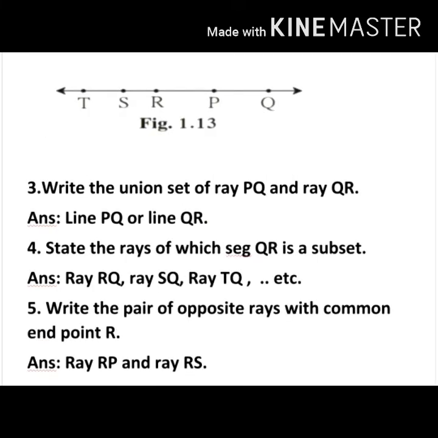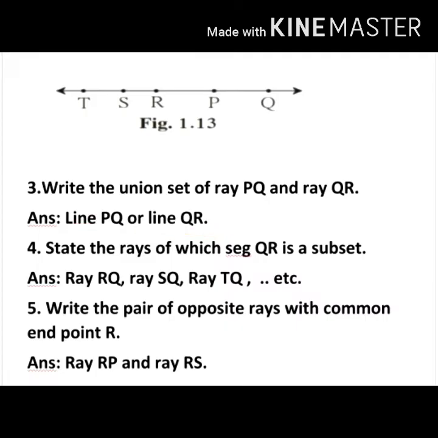Write the union set of ray PQ and ray QR. Union means combine the elements but don't take repeated elements. So in ray PQ and ray QR, line PQ or line QR is the union set of ray PQ and ray QR.